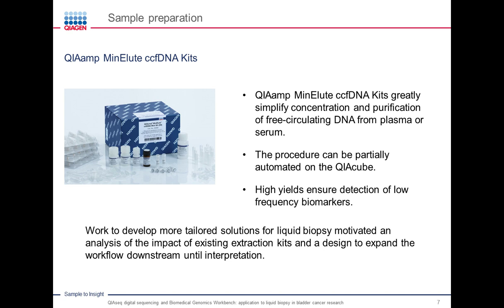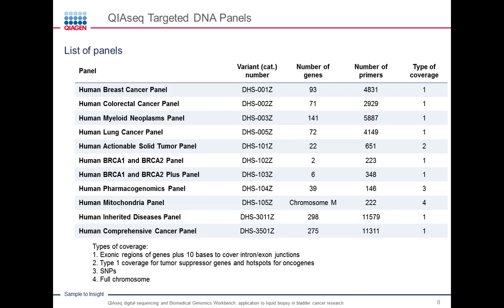And this kit in particular is designed to yield higher yields and therefore ensure the detection of low frequency biomarkers, because in particular this kit produces more complex libraries during the sequencing, and therefore it does enhance the capacity of detecting low frequency biomarkers in the data.